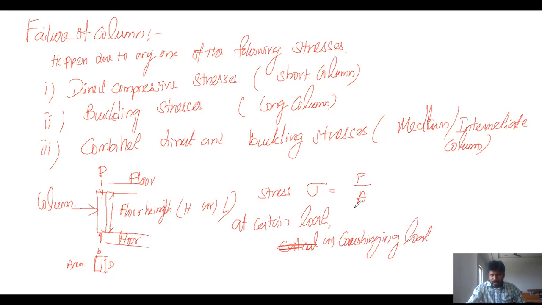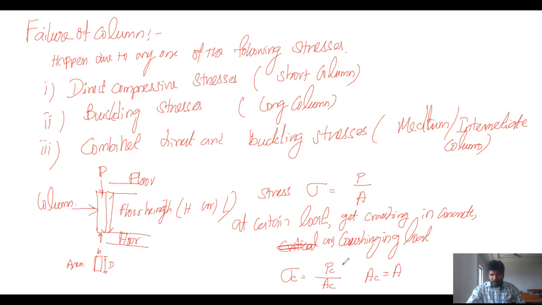At certain load, the column is going to get crushing in the concrete. So that load is nothing but crushing load. So at that time, the stress becomes sigma C is equal to PC by AC. So AC is as it is A, breadth into depth.